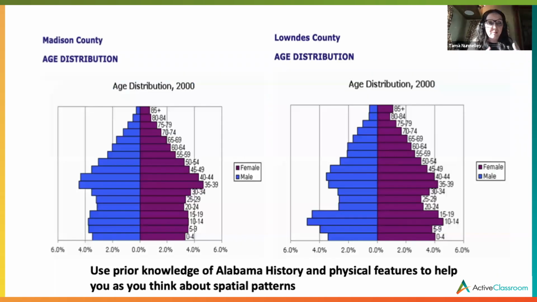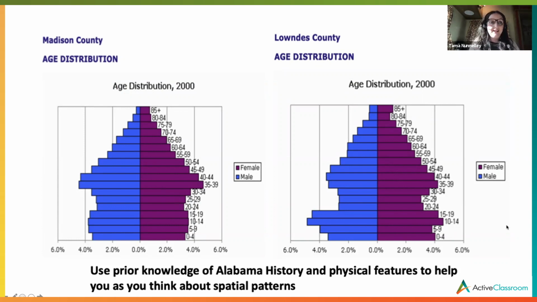I like to always bring it back home. No matter what I'm teaching, ancient world history or not, we are always going to be talking about Alabama, because this is where the kids live, or wherever they live, Mississippi, Georgia, wherever it is that they live, we're always going to come back and talk about this. So these population pyramids are from 2 counties in Alabama. And so we do the same type of thing. We know the physical features in Alabama.